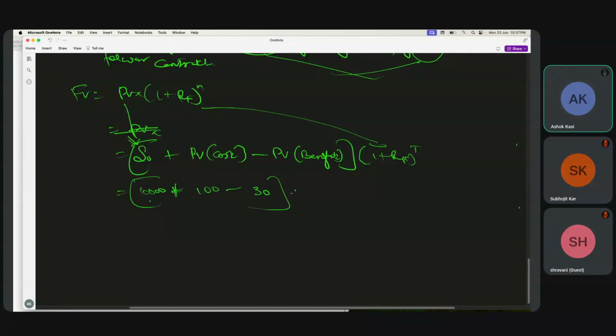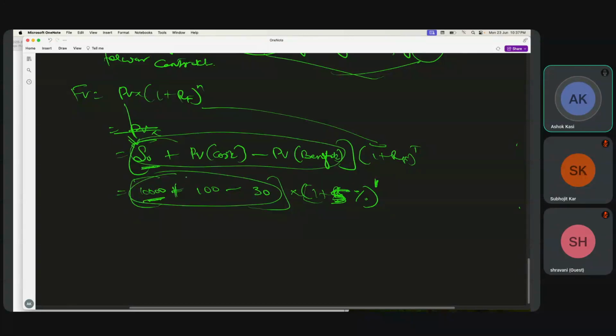This much into 1 plus risk free, let's say, 5%, raised to 1 if it is for 1 year. So I'm modifying my present value to all this amount. So it will be 10,100 minus 30, which is 10,070, into 1 plus 5% raised to 1.